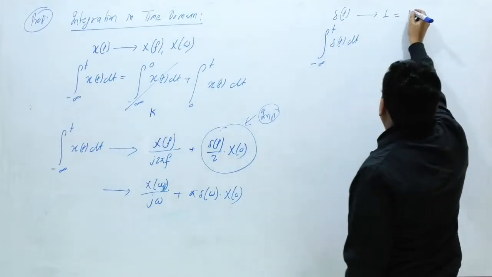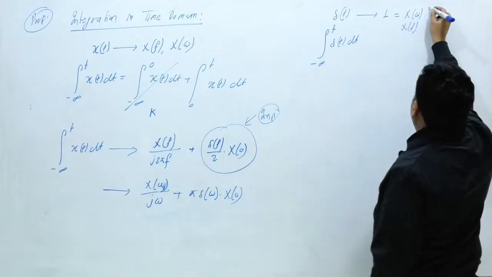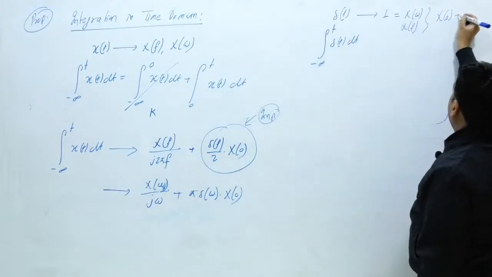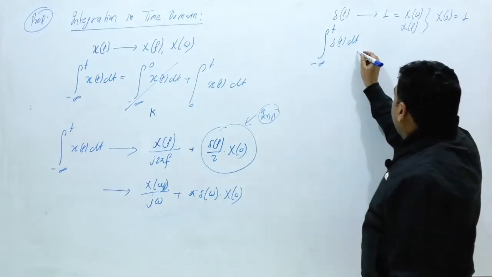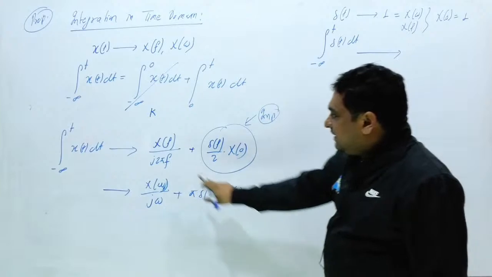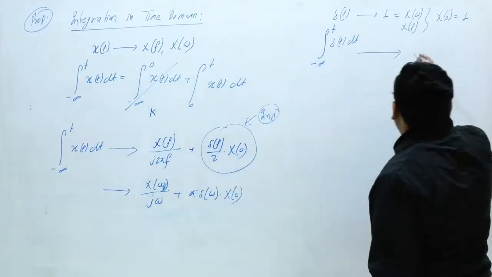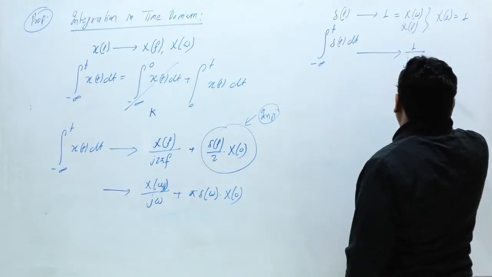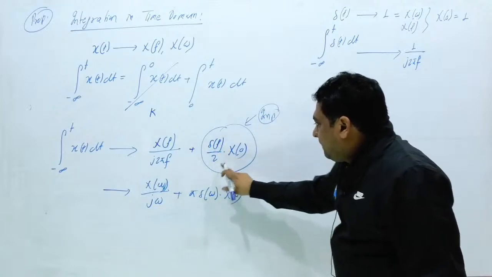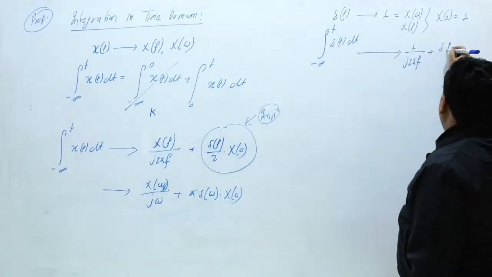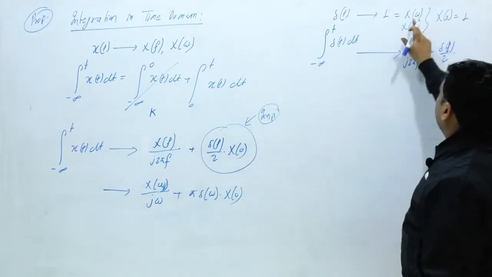This is nothing but either X(omega) or X(f), and both values of X(0) are 1. So what will be this Fourier transform? You can write X(f) or X(omega); both values are nothing but 1. So you can write 1 upon j2 pi f plus del f by 2 multiplied by X(0), and X(0) is nothing but 1.